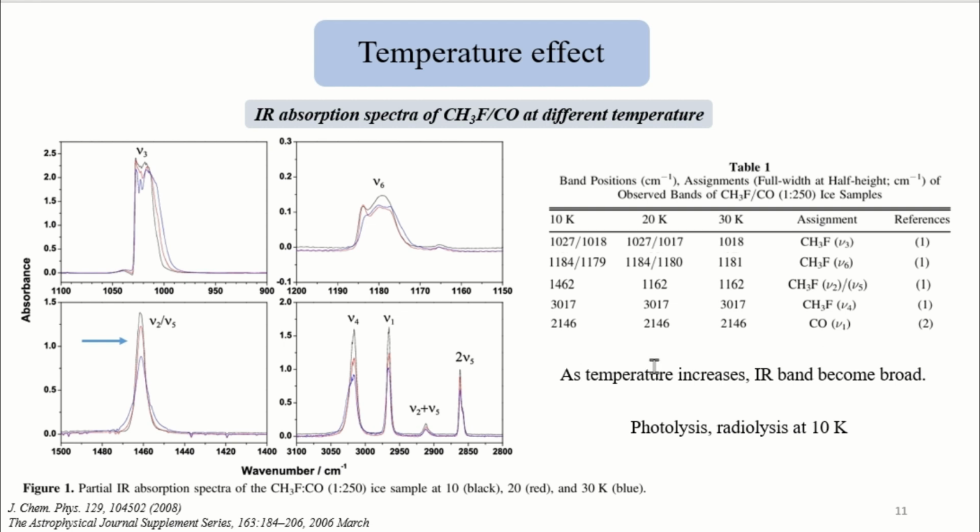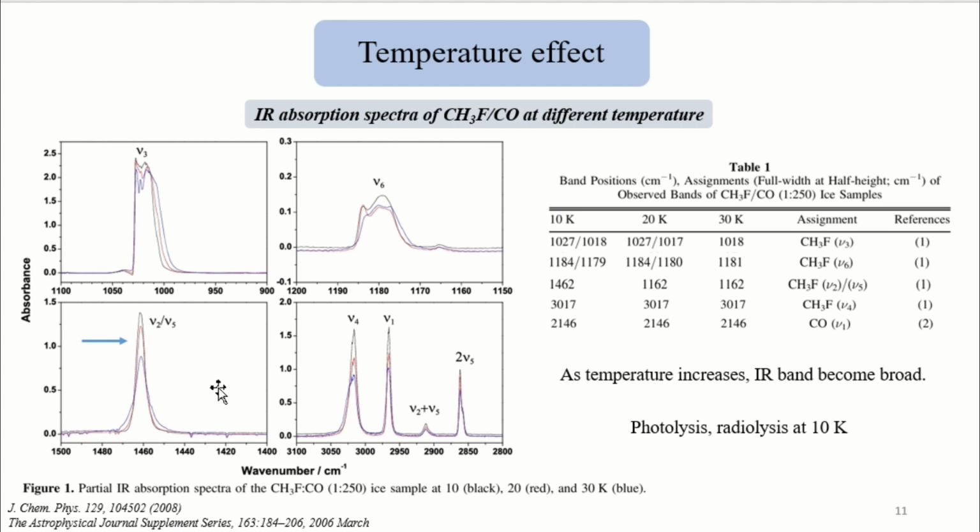After that, the authors test the temperature effect on the gaseous sample. The gaseous sample will be deposited at different temperatures. The black line is 10 Kelvin, the red line is 20 Kelvin, and the blue line is 30 Kelvin.